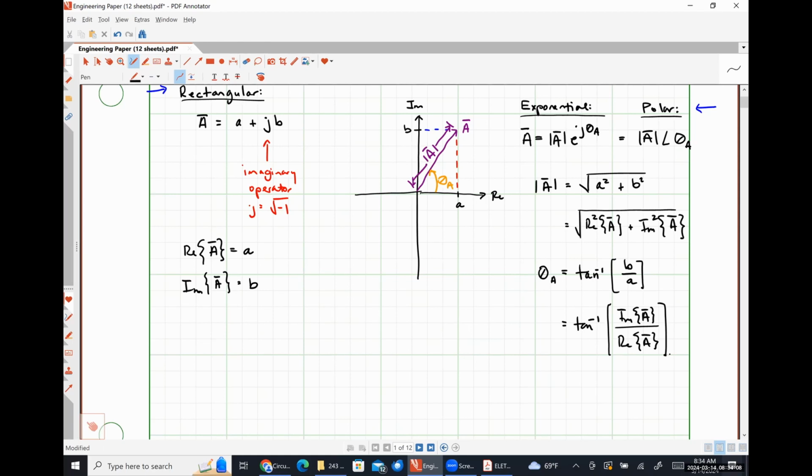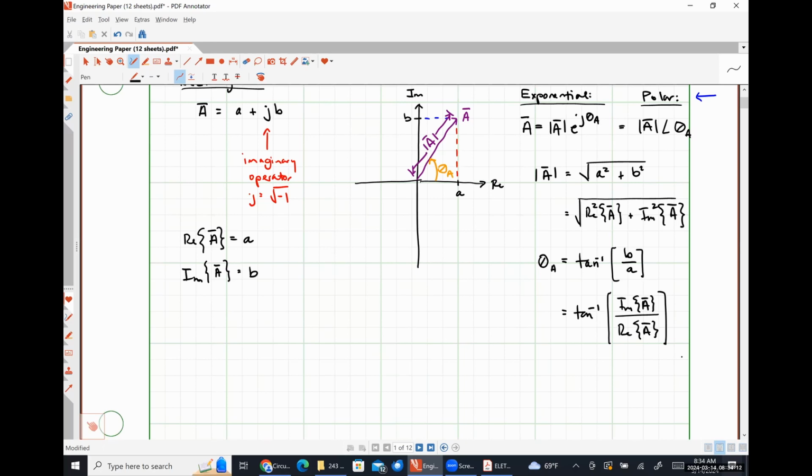All right. So we now know how to get polar form complex numbers from rectangular form complex numbers.